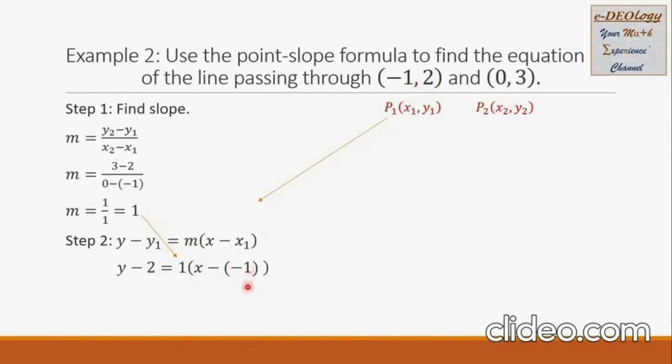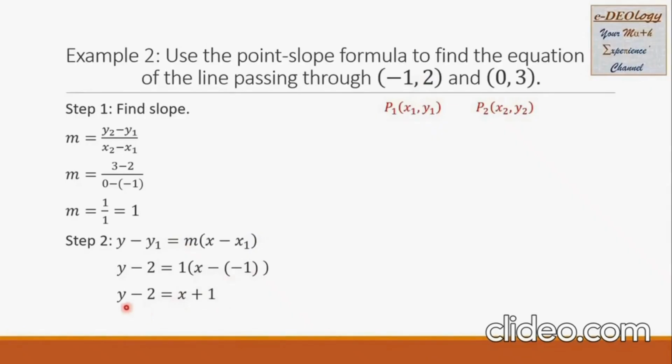Then let us simplify further. y minus 2 is copied here, equals 1 times the quantity x minus a negative 1, which is x plus 1. And when we multiply 1 by the binomial, we can simply remove this 1. So only x plus 1 remains.